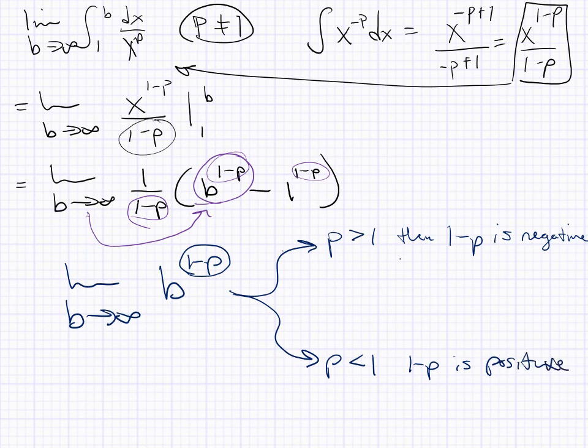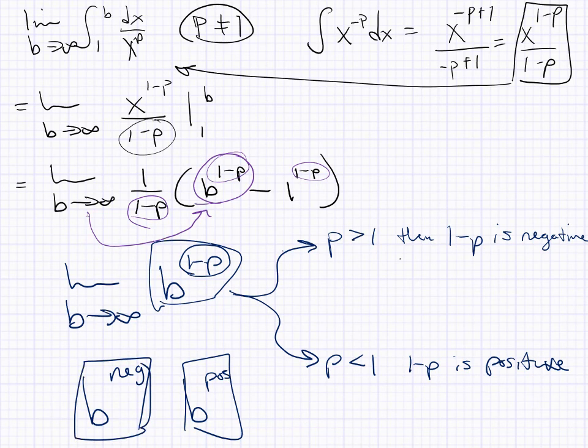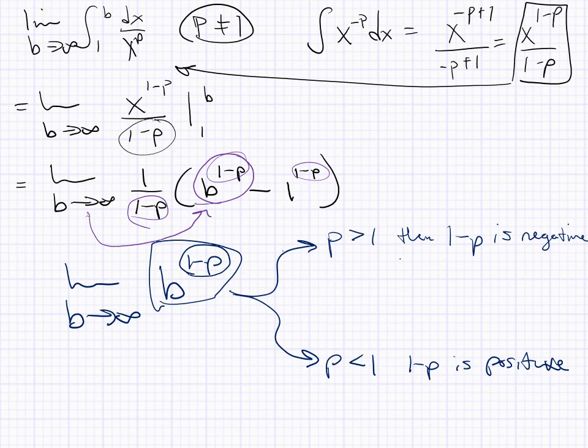And when it comes to an exponential function, which is what we're looking at here and taking the limit of, if we have b to a negative exponent versus b to a positive exponent, and we look at each of those as b goes to infinity, we get a very different answer. Think about these two functions, a to the negative x versus a to the x. Graphically, this one looks like this, and this one looks like this.